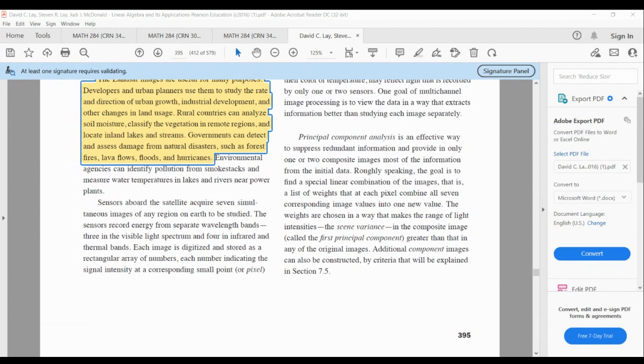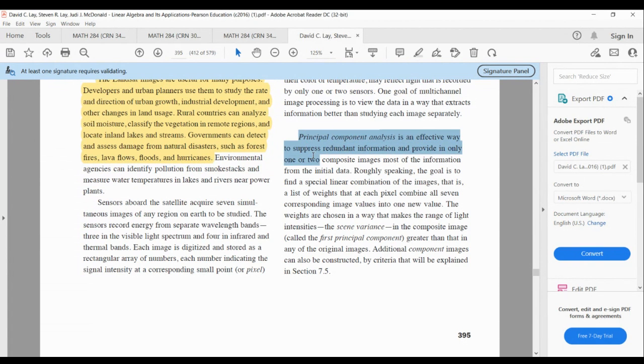Okay, so the data that's collected has to be organized. And again, you want to remove any type of redundancy in the data. All of this relates to a topic they mentioned called principal component analysis.